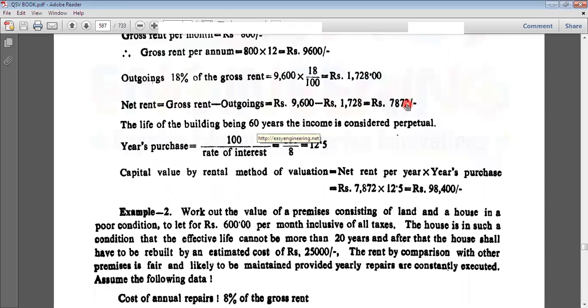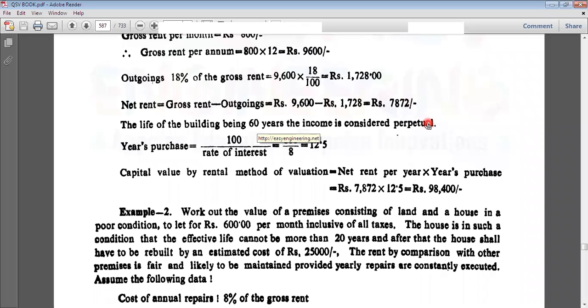So the net rent is 7872 rupees. Now, the life of the building being 60 years, the income is considered as perpetual. As this span of 60 years is a big span, generally for the life of the building and the income associated with it, we consider it as a perpetual investment or perpetual income.